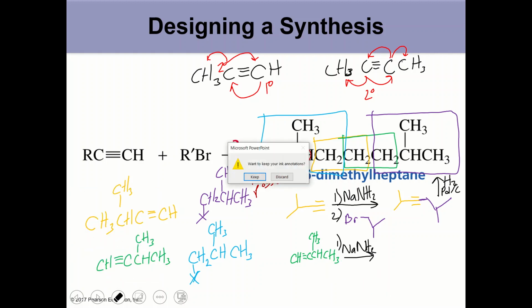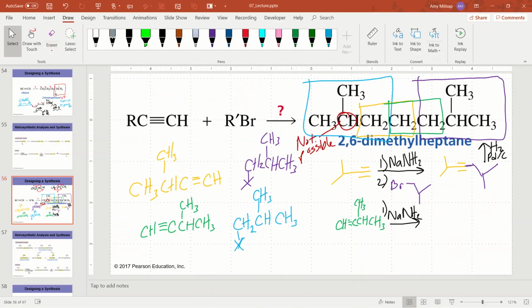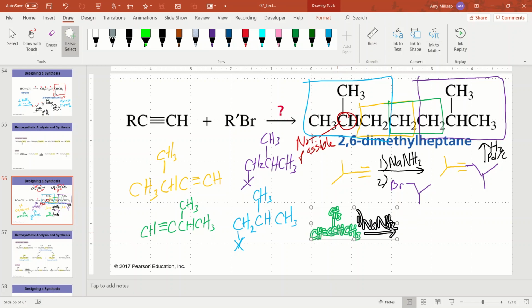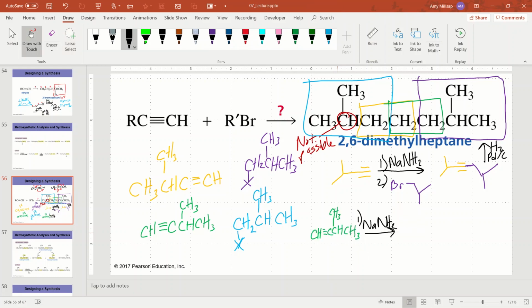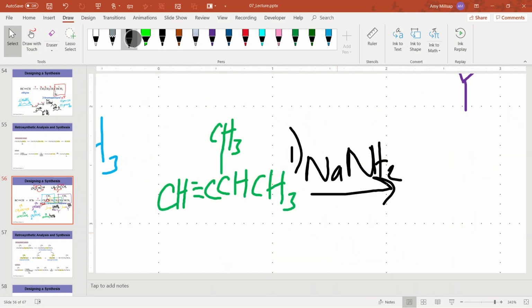Let me just move this over here. And then zoom in to treating with my blue alkyl halide.